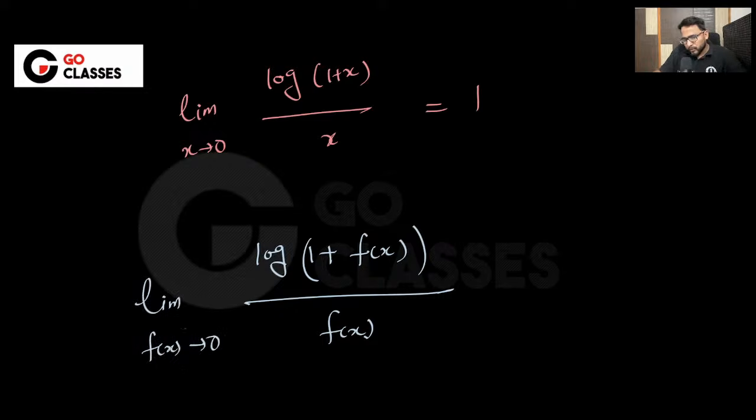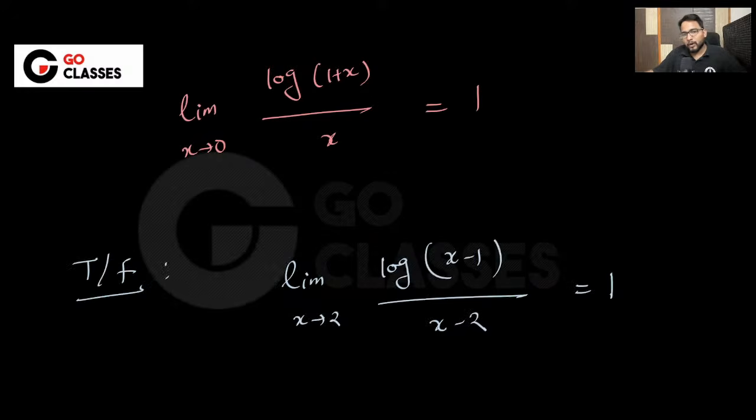It could be anything. If this term is going to 0, and the exact same term you have in the denominator is also going to 0, then this is 1. That's all. I hope you understood.